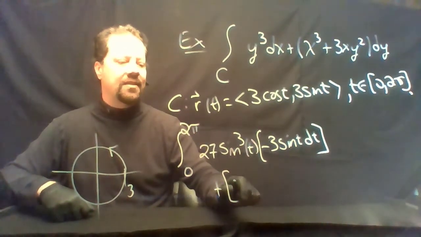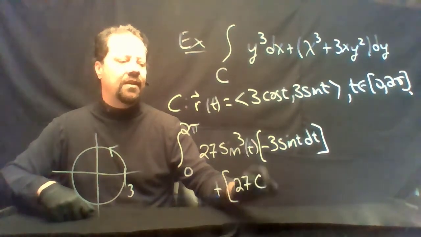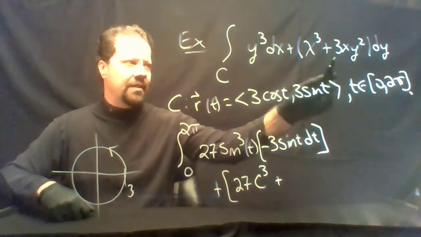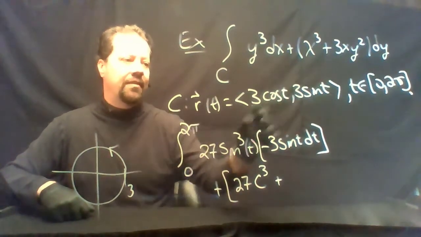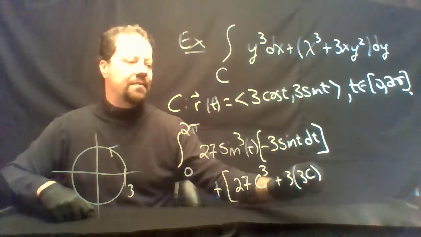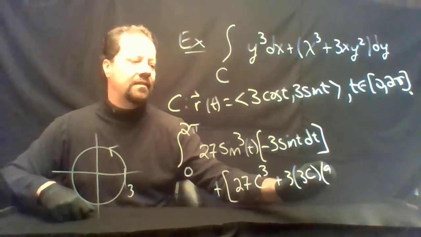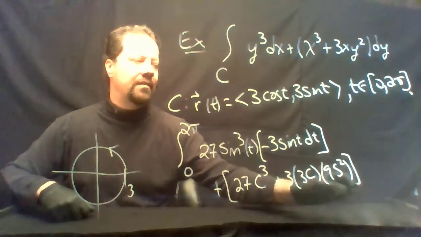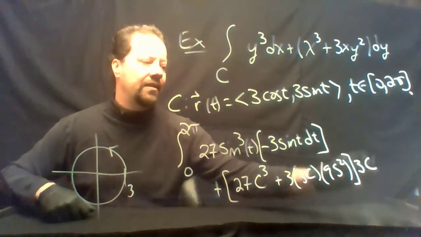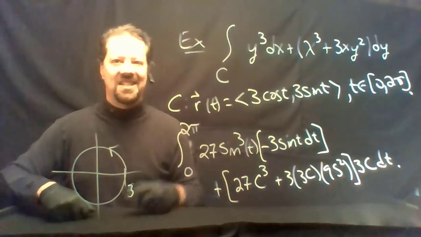I'll write that as 27 cosine cubed plus 3 times 3 cosine times 9 sine squared, all times dy. dy is 3 cosine dt.